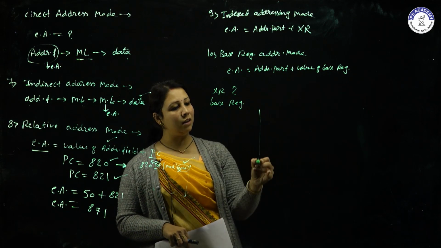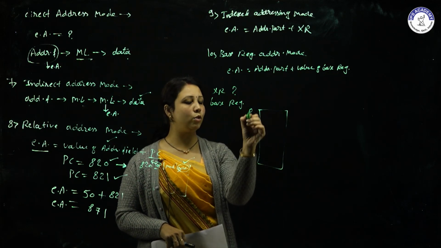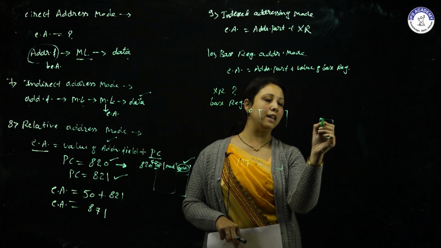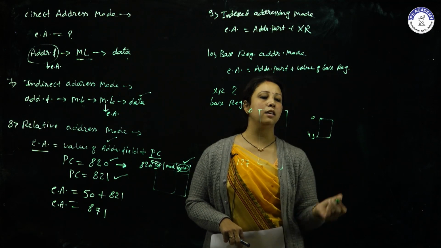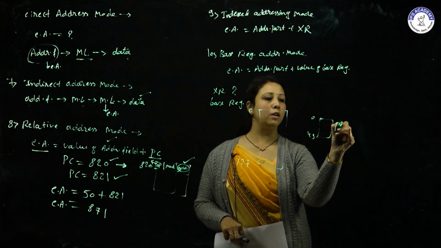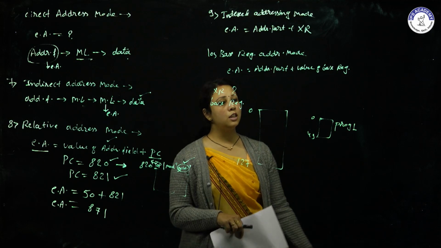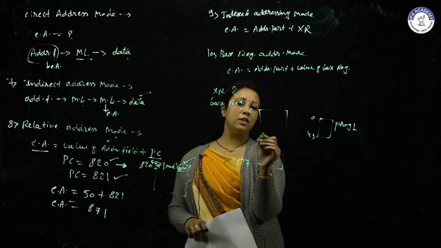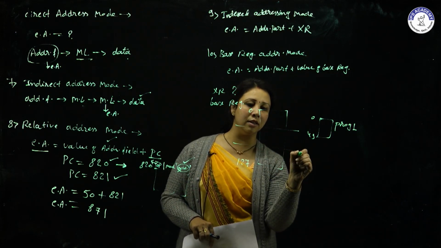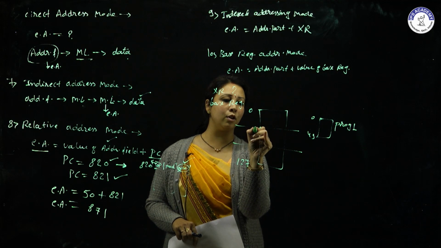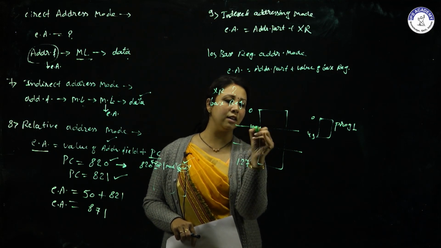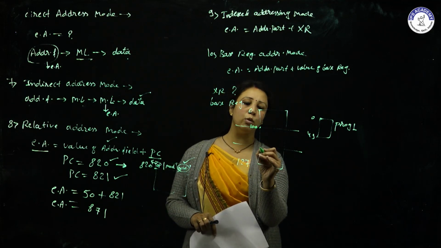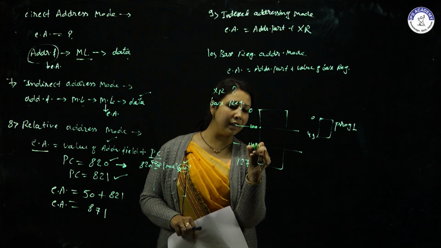Suppose we have memory locations from 0 to 127 and a program of 50 lines, 0 to 49. This program may be stored in any location in memory. Suppose this program is stored starting from location number 100. The program has 50 instructions, so it occupies 100 to 149.